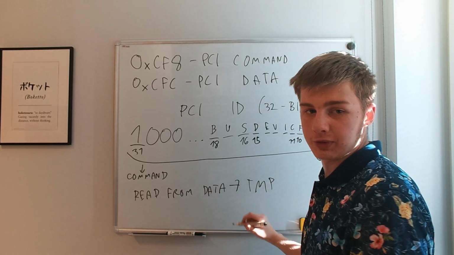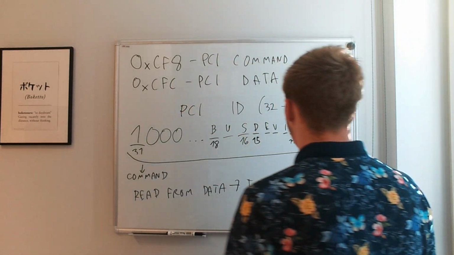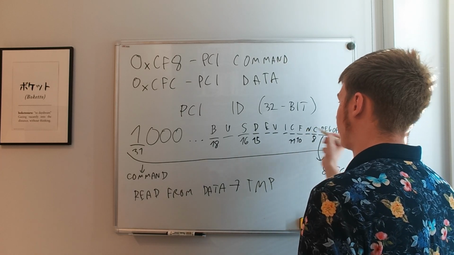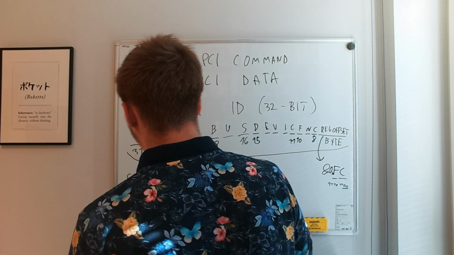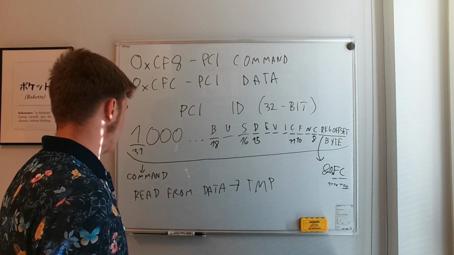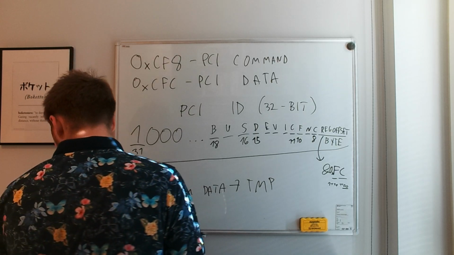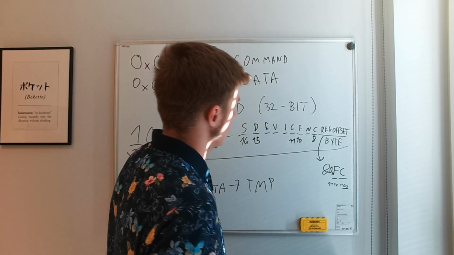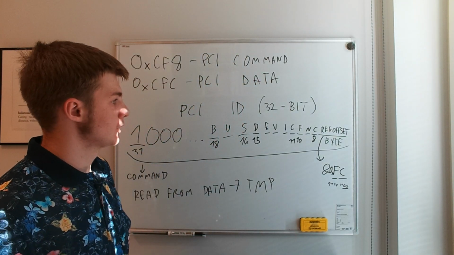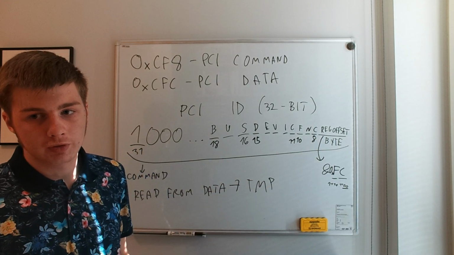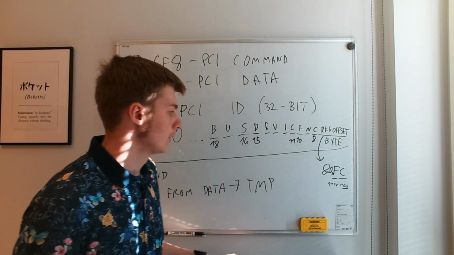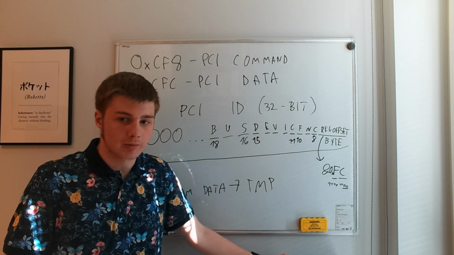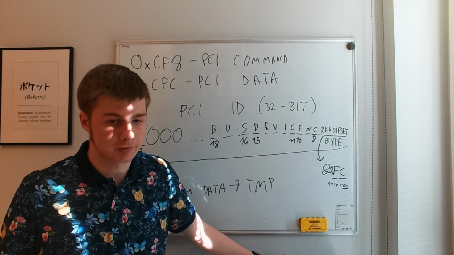And in order to, from this TMP, actually obtain the information that we want, so the information at a given register offset, about a given function, about a given device, of a given bus, what we will have to do is, so this is right where our register offset actually comes into play, because if we specified register offset 0 and register offset 2, you'll see that once we ended with FC, we will obtain the same thing, but we want to get something from a different register offset.